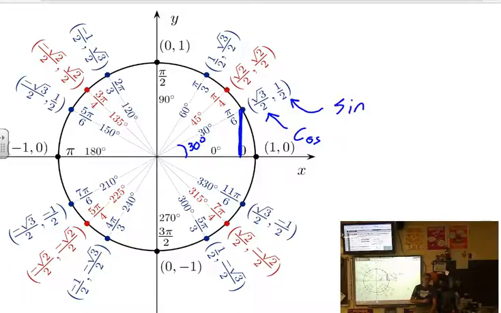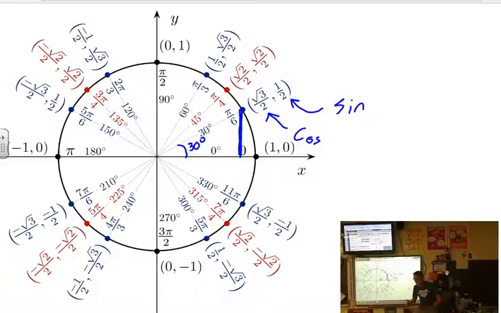And then what about tangent? Let me verify this. Okay.